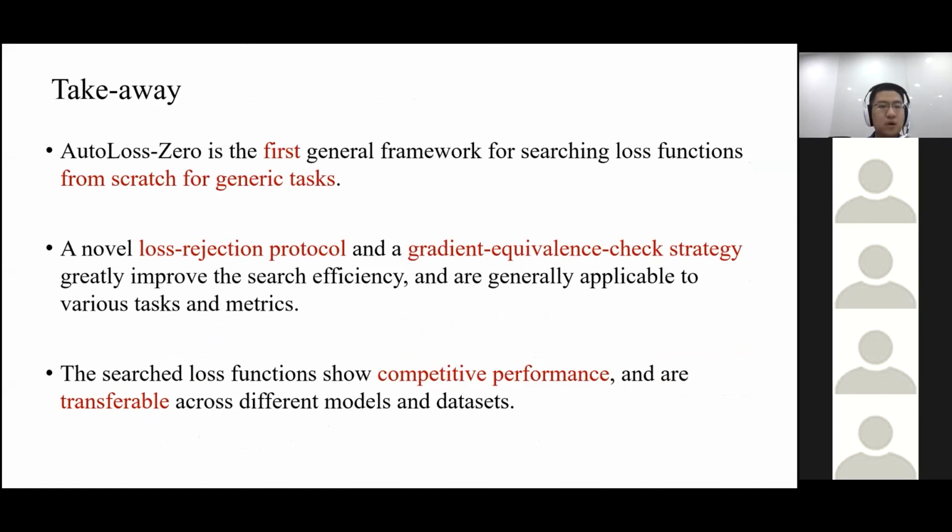A novel loss rejection protocol and the gradient equivalence check strategy can greatly improve the search efficiency, and they are generally applicable to various computer vision tasks and metrics. And the searched loss functions show competitive performance and can be transferred across different models and data sets.